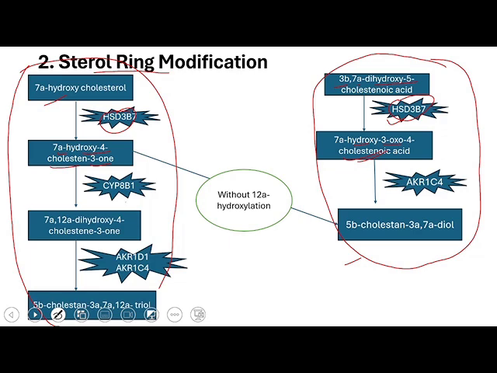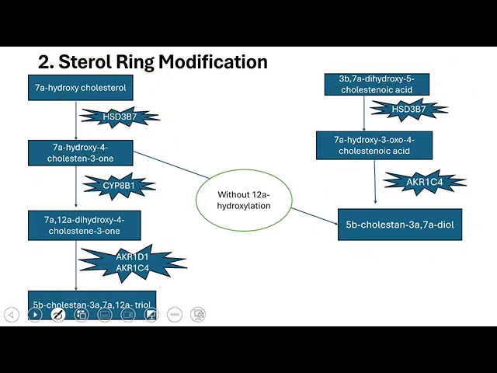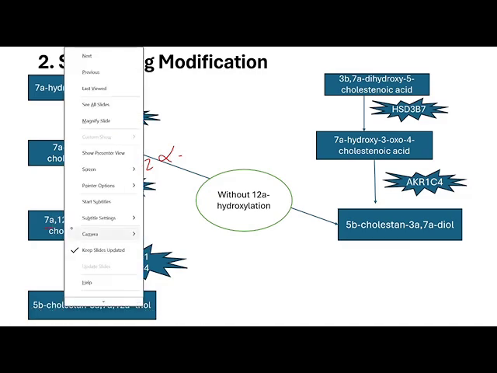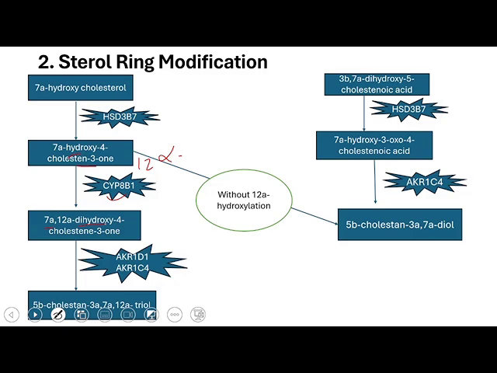Next we can see that cytochrome P8B1, this enzyme leads to the 12 alpha hydroxylation of 7 alpha hydroxy 4 cholesten 3 one, and this leads to the formation of 7 alpha 12 alpha dihydroxy 4 cholesten 3 one.